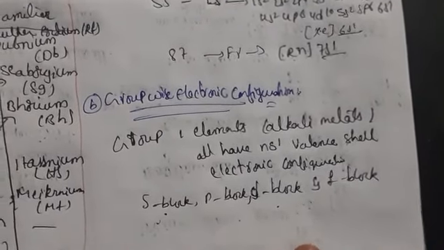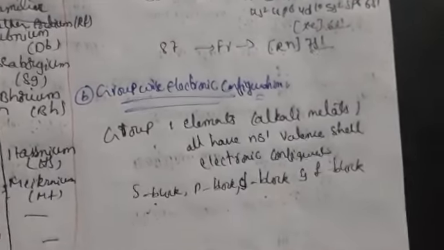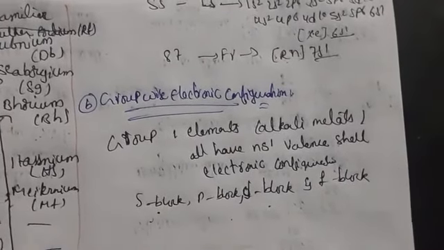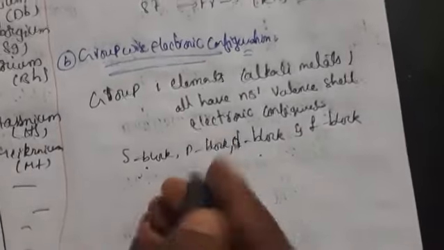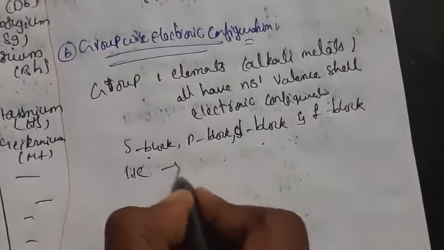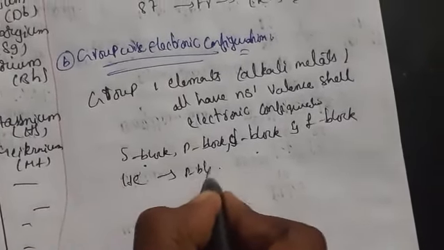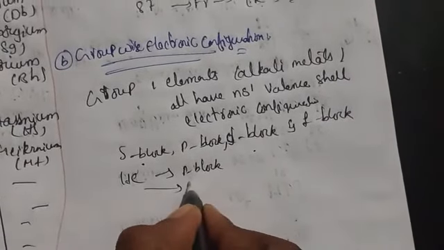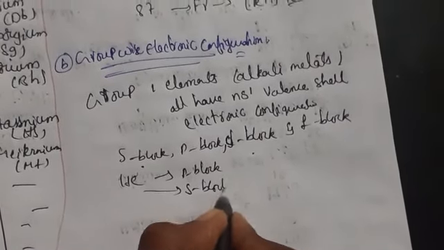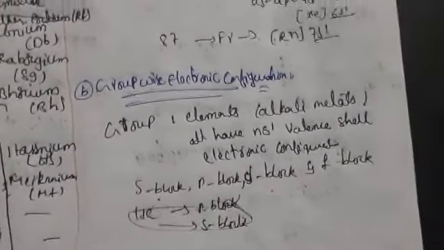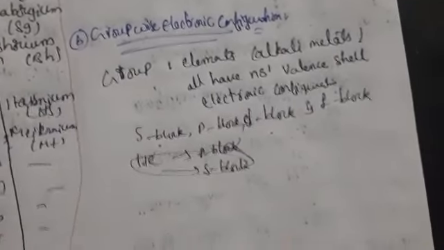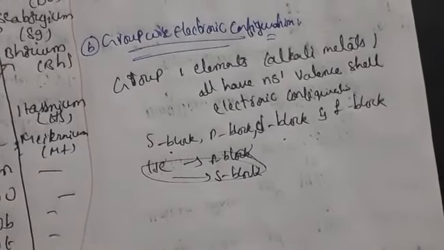Here there are two exceptions. Helium belongs to the s block, but its position is in the p block. If you observe the periodic table, helium is placed with the p block, but actually it is an s block element, not a p block element. With the other group 18 elements, why?